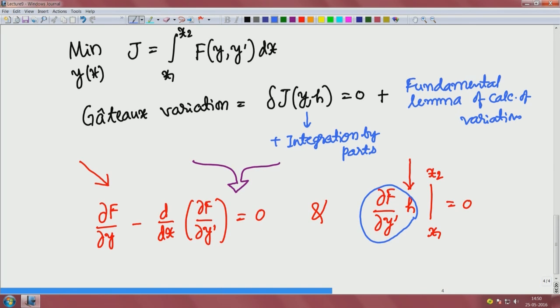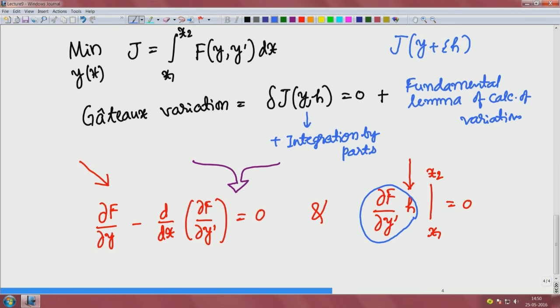How do we take care of that? Let us say at x1 y is specified. We are not allowed to take variation there. After all, h is the variation, it is a little perturbation we take around y. If we recall our Gateaux variation definition, which had J of y plus epsilon h, h is the function that defines the variation.